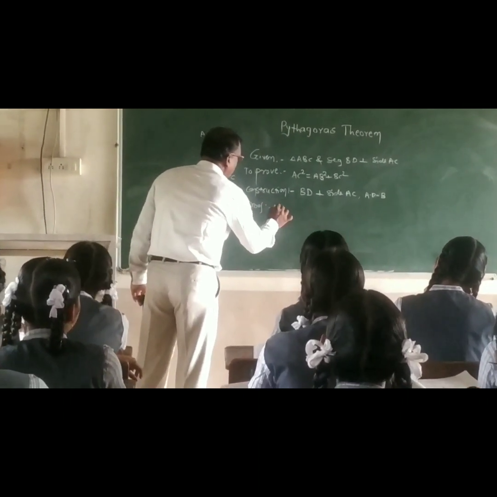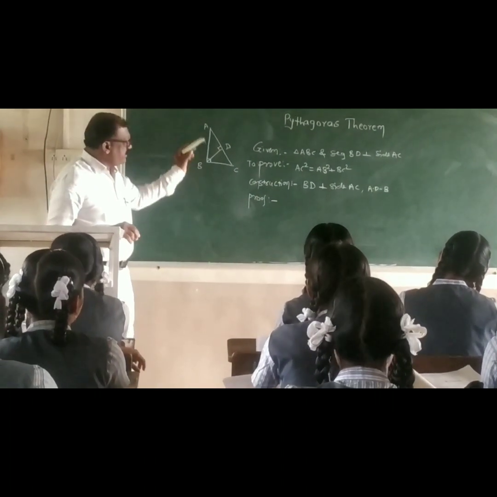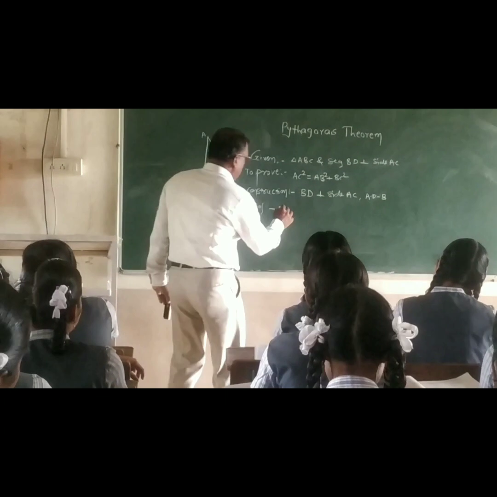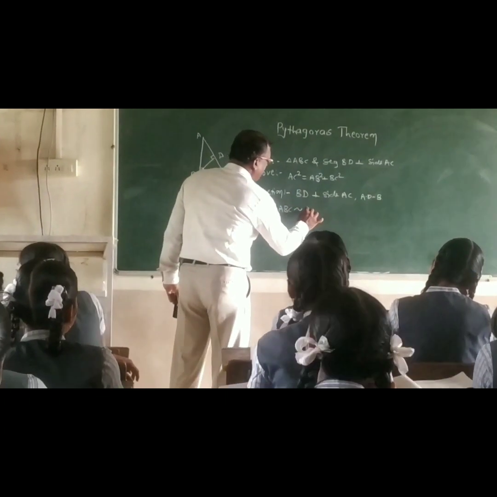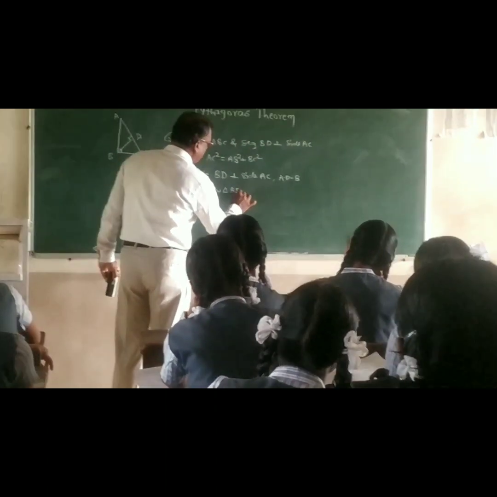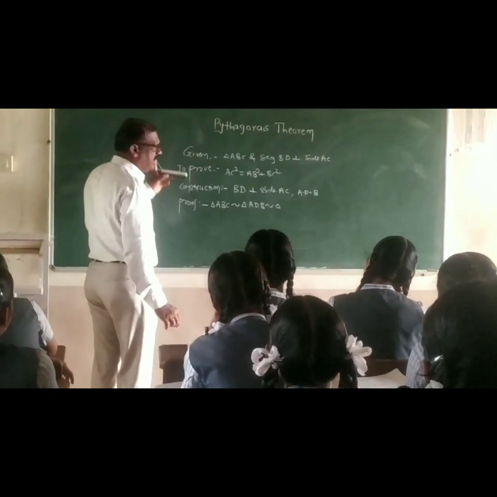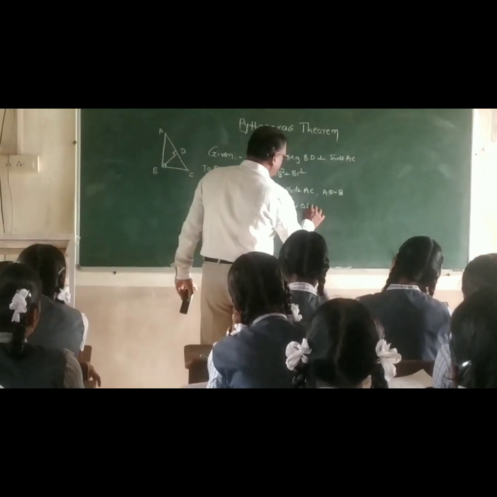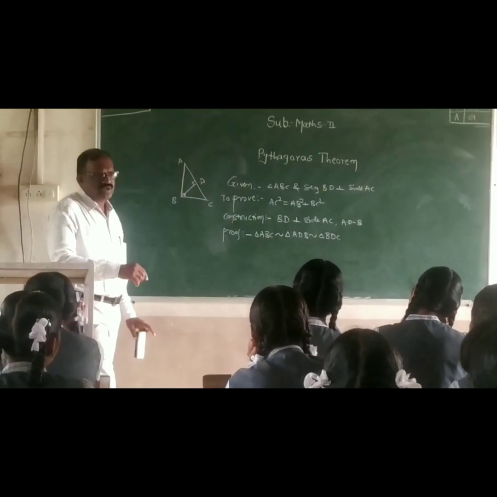Now we prove this. Write the proof here. You already know that the original triangle ABC is similar to triangle ADB, which is similar to triangle BDC. These three triangles are similar to each other.